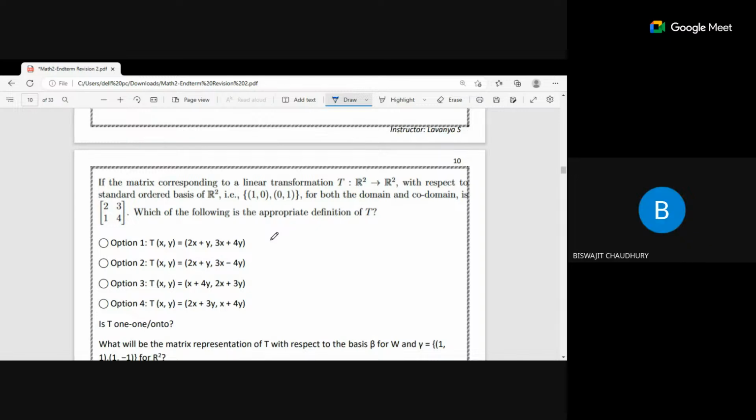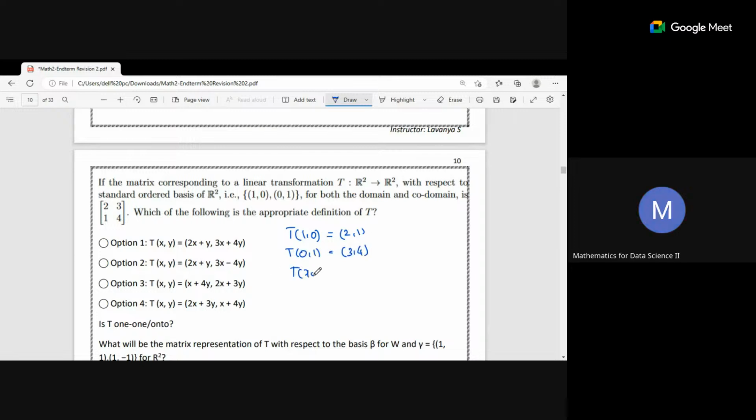You need to find T of (1, 0), which is 2 times (1, 0) plus 1 times (0, 1), right? So T of (1, 0) is equal to (2, 1). And T of (0, 1) is equal to (3, 4).